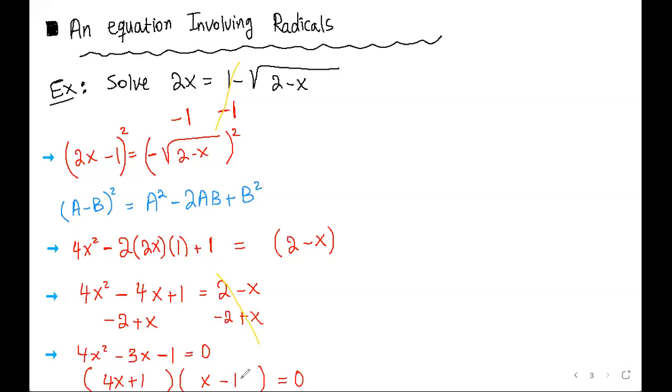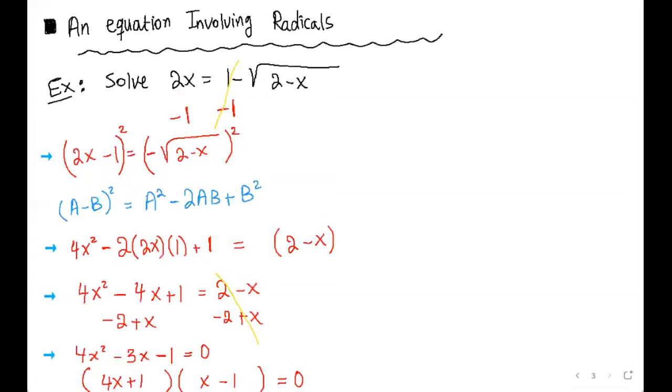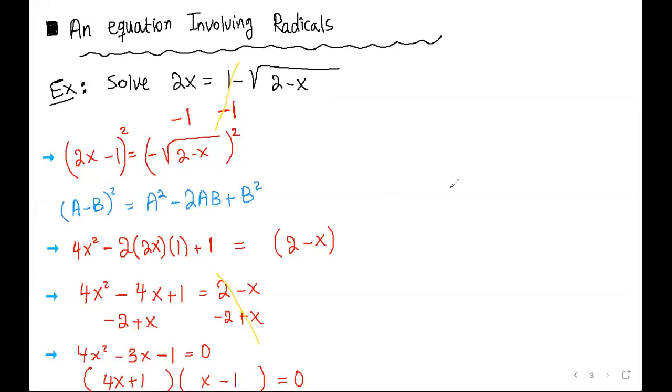Now, how can we solve these things? By using the zero product property, which says again: AB equals 0.